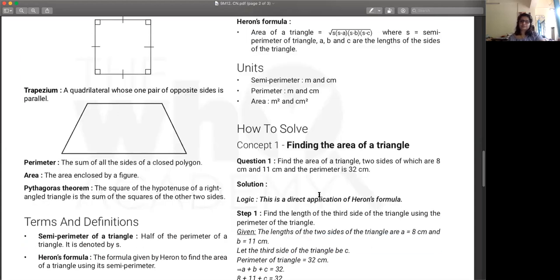So root over 16 into. Another thing when you're applying Heron's formula: one trick to keep things simple is don't multiply all the values. One, that multiplication will take a lot of time, since you have to multiply 4 numbers, and two, you'll end up with a really big number, and finding its square root is going to take some time, whether you do long division or prime factorization.